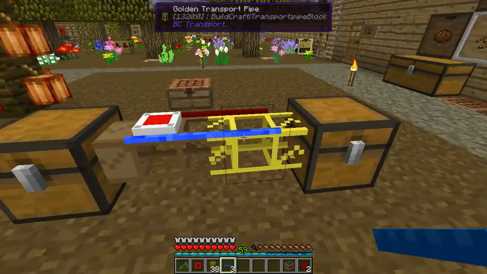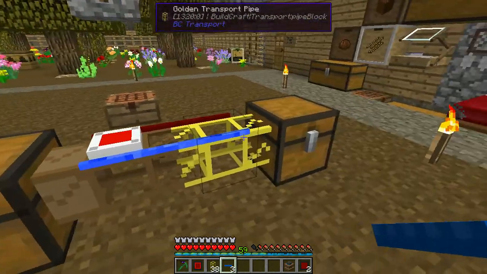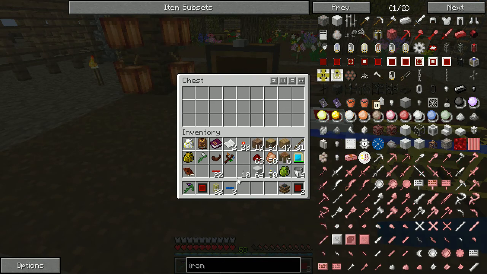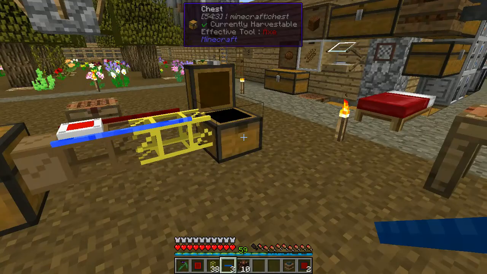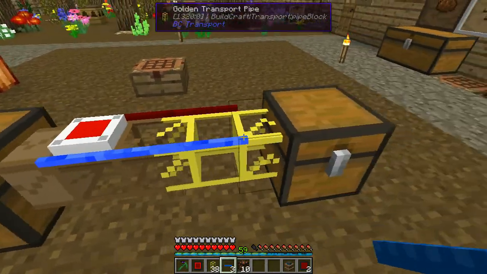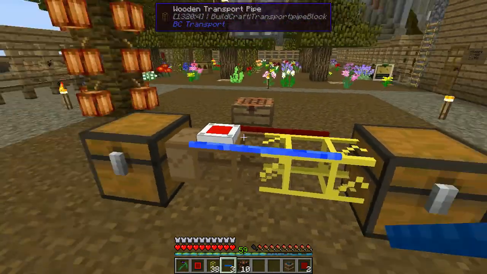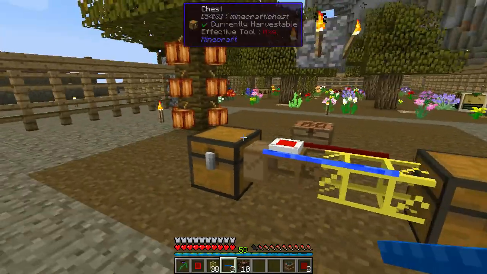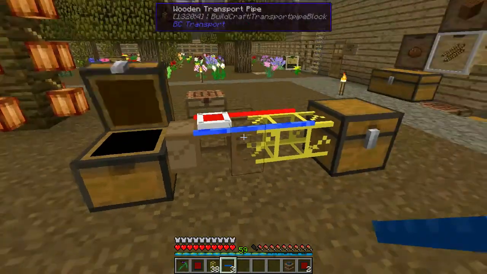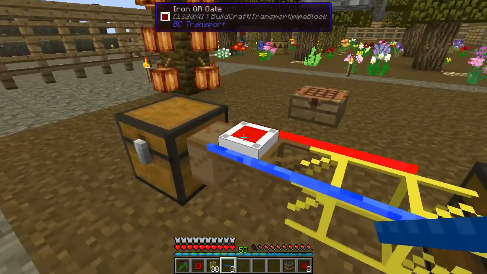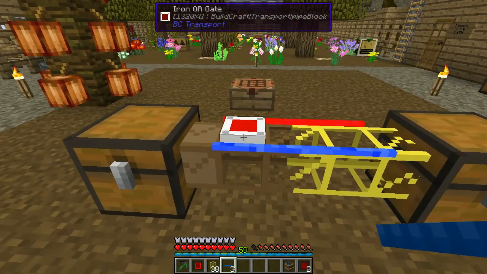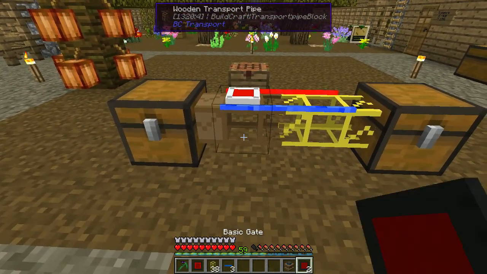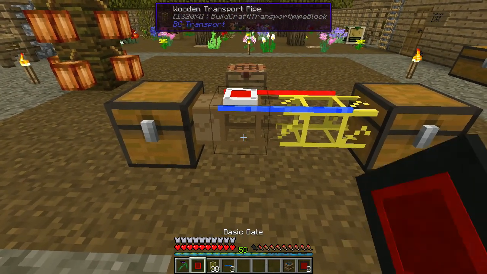So right now, as you can see, this blue light is on because there is space in this inventory, which is completely empty. If we take these 10, this is outputting a signal right now because there is space in this inventory. If we were to put our 10 guys in there, there's still space, but now we're also meeting our other requirement that there are items in the inventory. Can we actually put 2 of these guys on there at once?